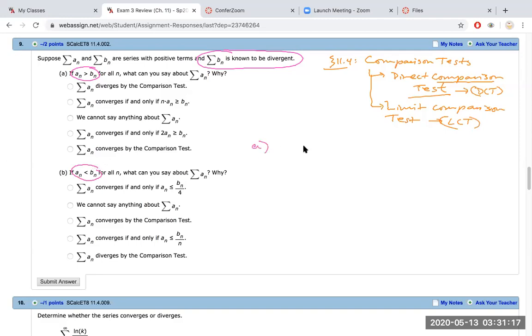So for part A, you have a sub n greater than b sub n for all n, which means series a sub n is greater than series b sub n for all n. Okay, and then we know that series b sub n is divergent. Okay, if your lesser series is divergent, then you know your greater series is also divergent by the comparison test.